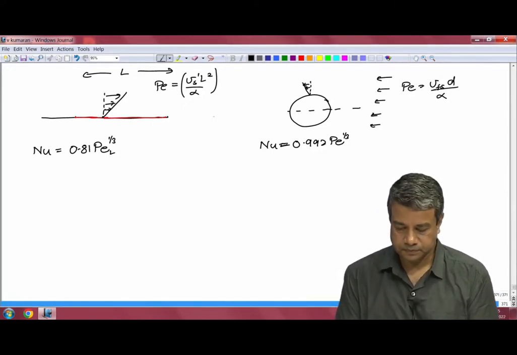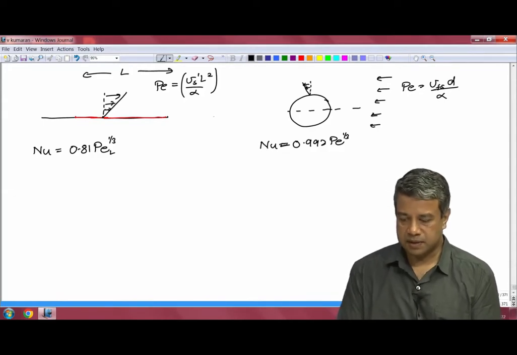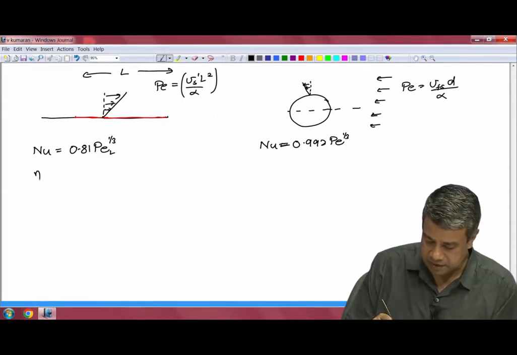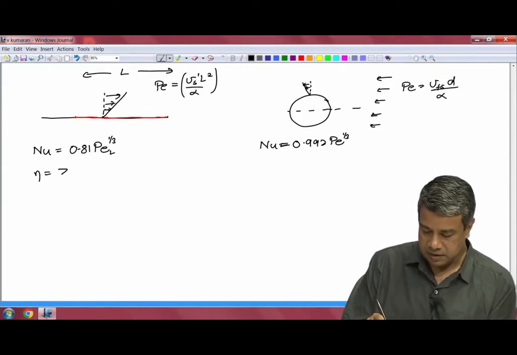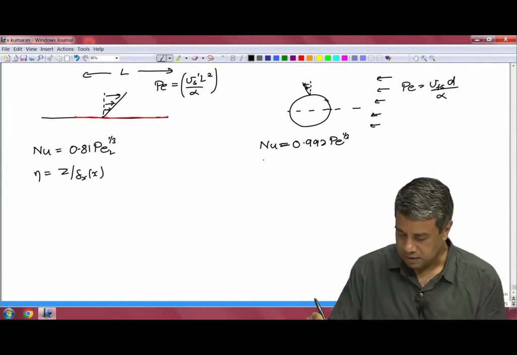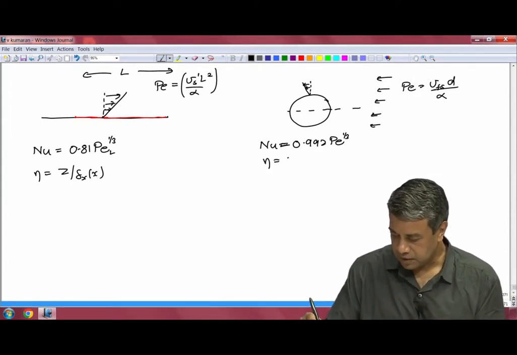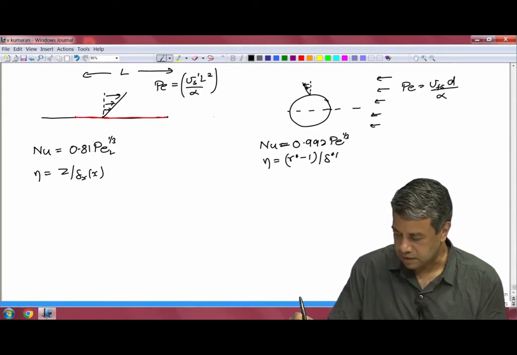In both cases we had defined the similarity variable as eta equal to the cross stream coordinate, z by delta of x, or eta equal to (r star minus 1) by delta star of theta.